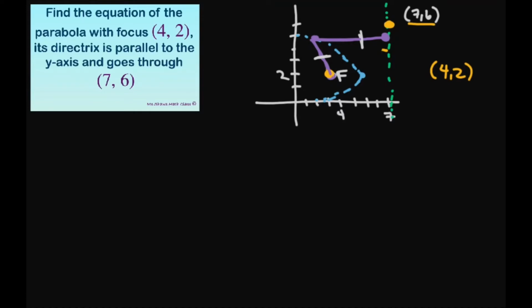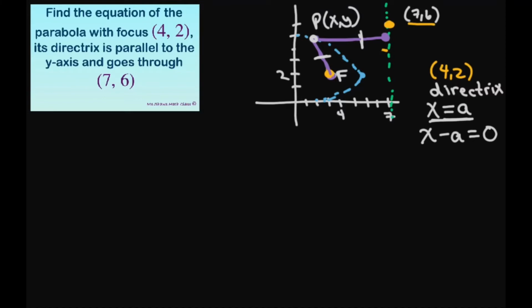But if we let a point P be a point on the parabola, and then let x = a be the directrix, that means the distance from a, this would be x minus a equals 0. So the distance from 0 is a, right?